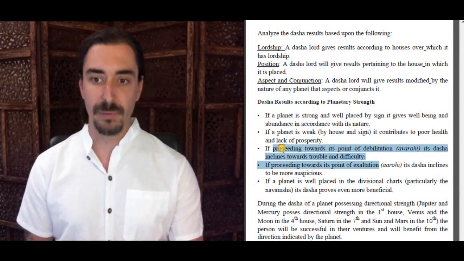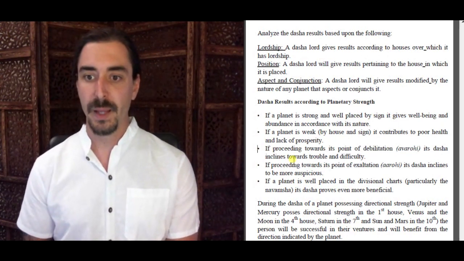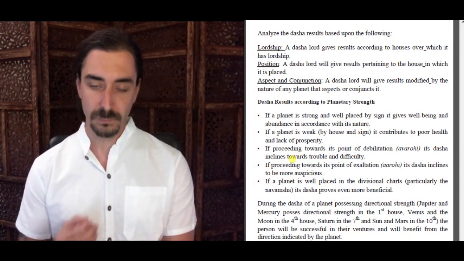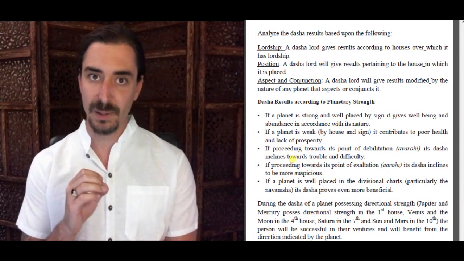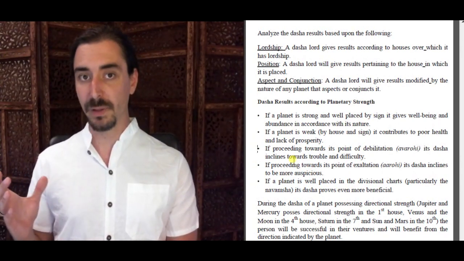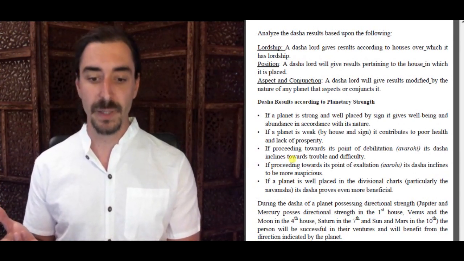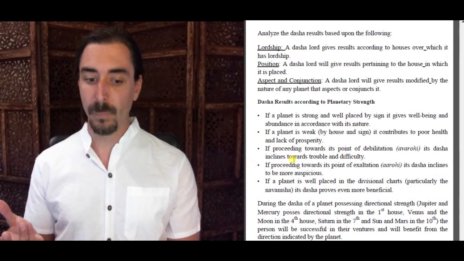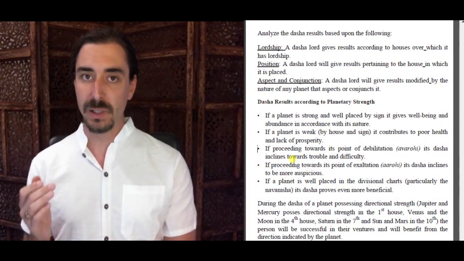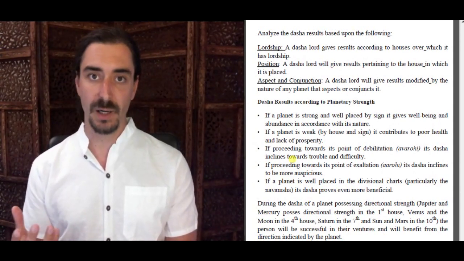This next principle we have here: if proceeding towards its point of debilitation, its Dasha inclines towards trouble and difficulty. Now that is within the birth chart itself, but, and this is one thing we did cover within the Vimshottari Dasha class, and that MP3 recording is available at Asheville Vedic Astrology, we can't just look at the birth chart, the static chart. We also need to look at the transit that's occurring during the Dasha.